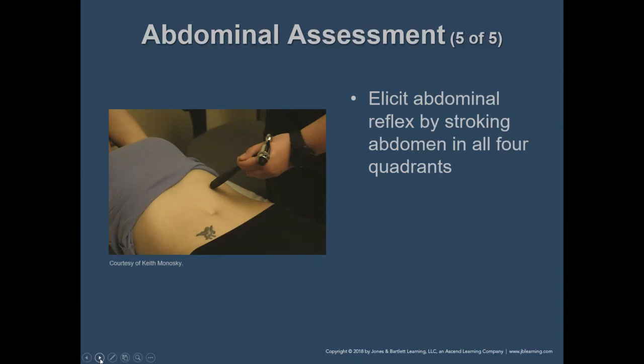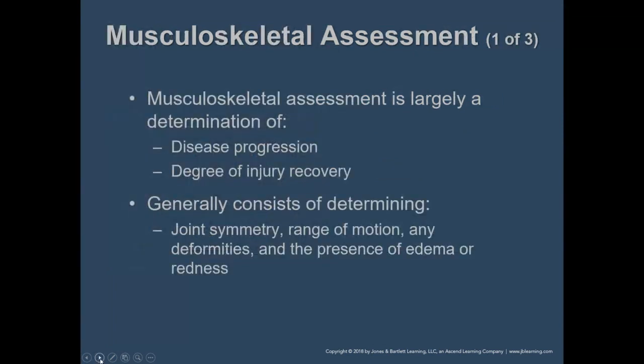What's going to happen? Even if you're not ticklish, chances are people are going to tense that musculature up. If they don't, if sensory input is limited, that's the kind of stuff we're looking for.